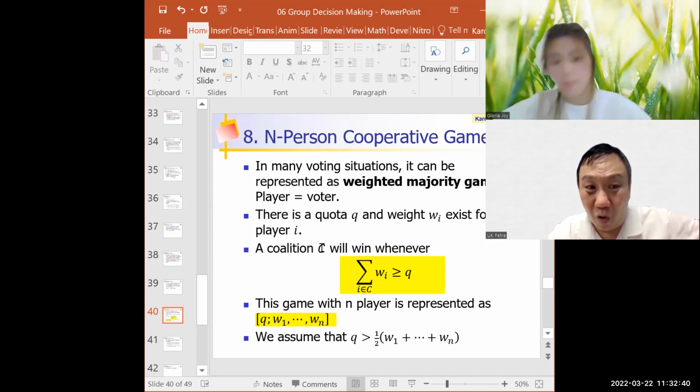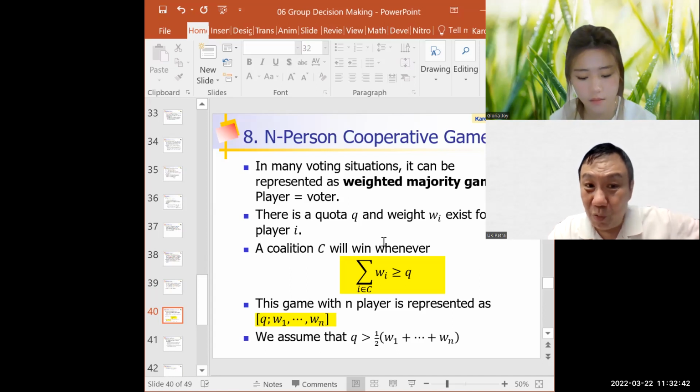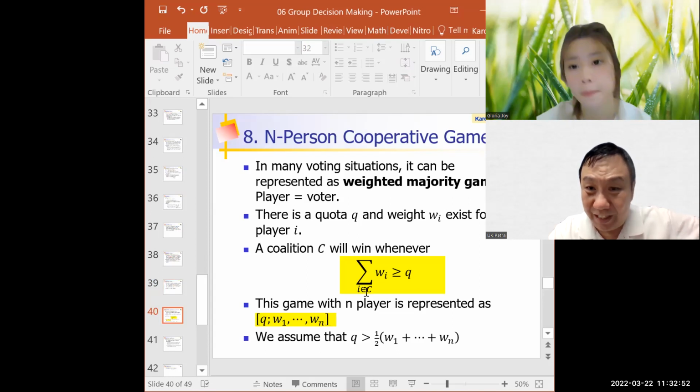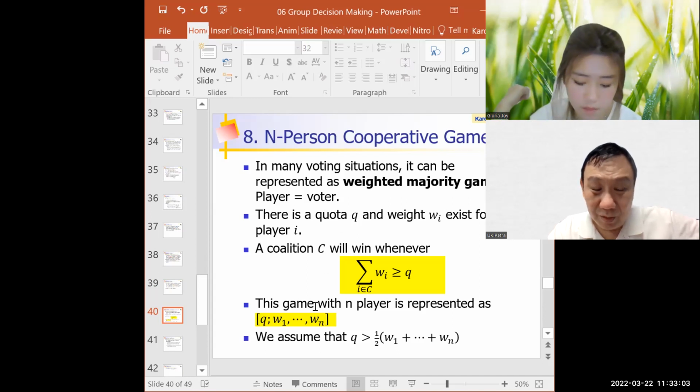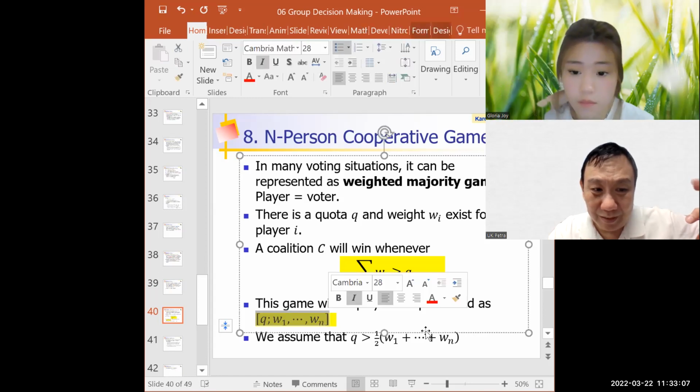Your job is to create a coalition C so that you will win whenever the total weight of i element of C is larger than Q. So the Q is the threshold.